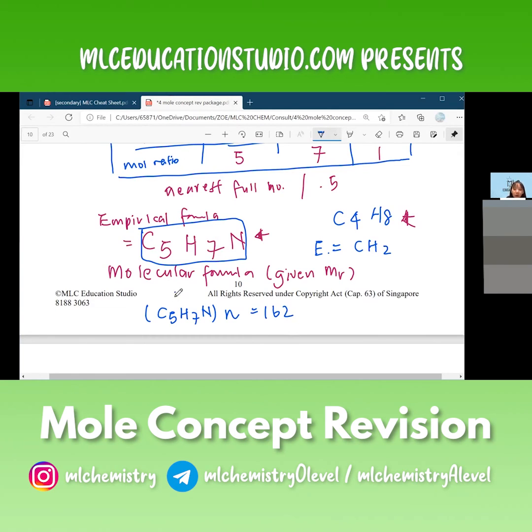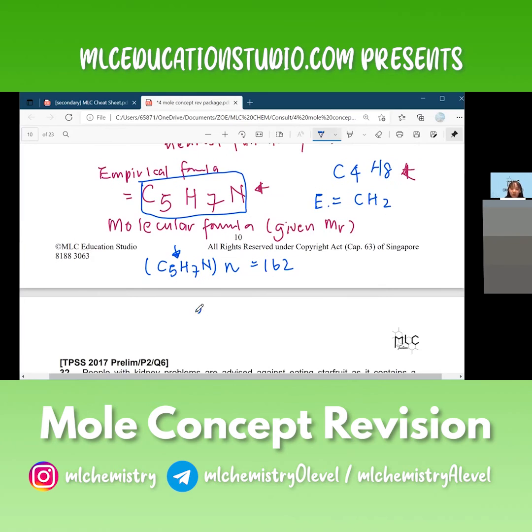If you calculate the MR inside the bracket, it is 81. This is the given MR. By mathematics, you get n equals 2. Therefore, your molecular formula will be C5H7N times 2, so it will be C10H14N2. This will be your molecular formula.